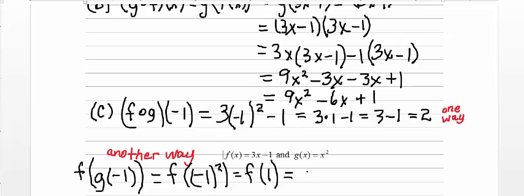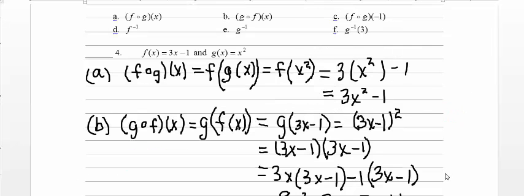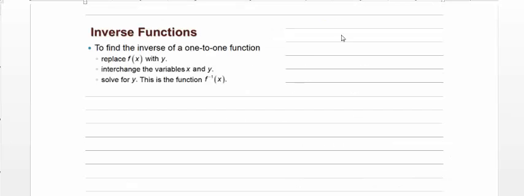So I'm really finding f of 1, which is 3 times 1 minus 1, which is 3 minus 1, which is 2. So no matter which way you do this, you obtain 2. So you can either do it the long way or you can do it the short way, depending on what you've already done.